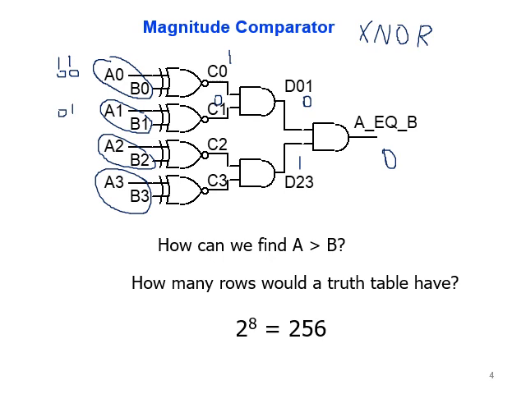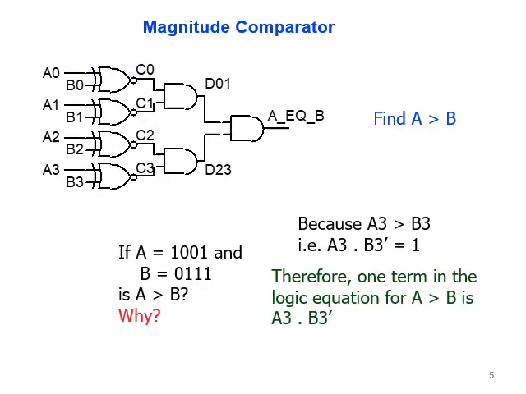Greater than. Taking into consideration that a truth table is good up to 2 to the power of 8, which means 256 states. Now, for comparison, to make sure that A is greater than B, have a look, a little bit of improvement. Let's assume these are two numbers. A is 1001 and B is 0111.